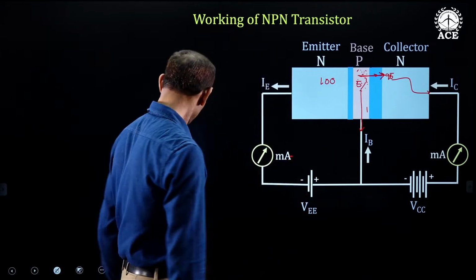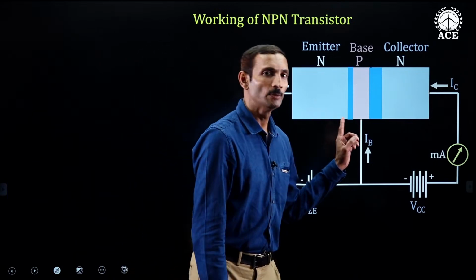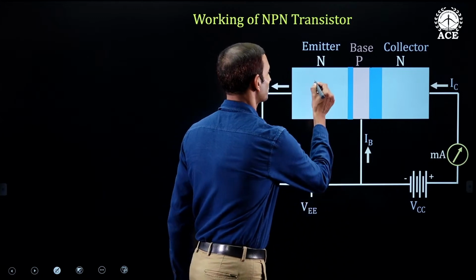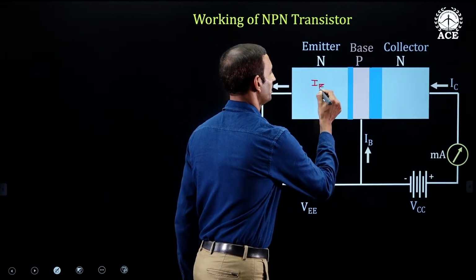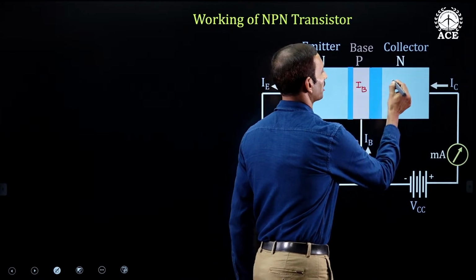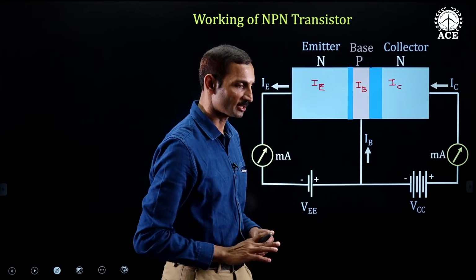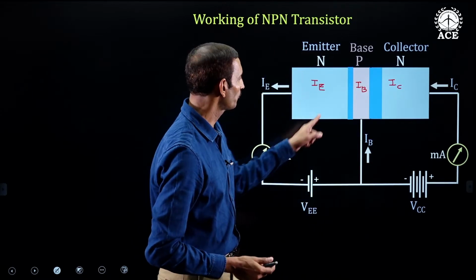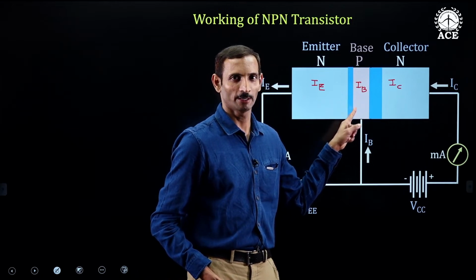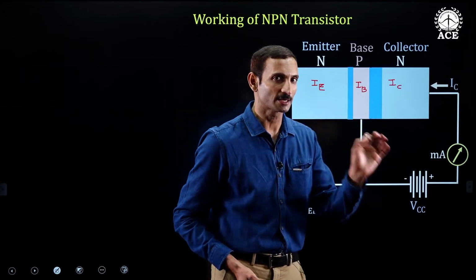Now as far as the movement of electrons is concerned, just observe. Let us consider the current in the emitter as IE, the current in the base as IB, the current in the collector as IC. The general case is that when we have the forward bias, there will be more current, and when we have reverse bias, there is less current.